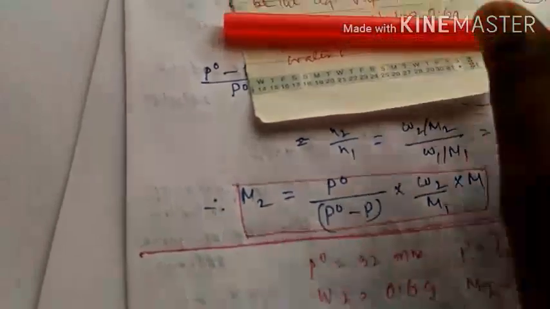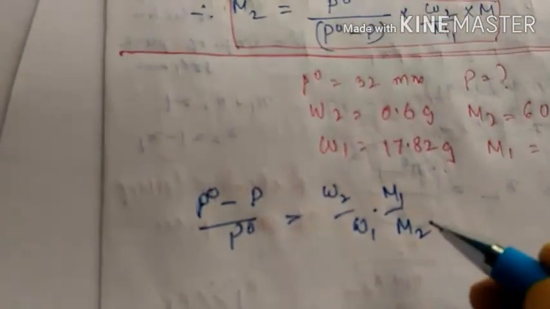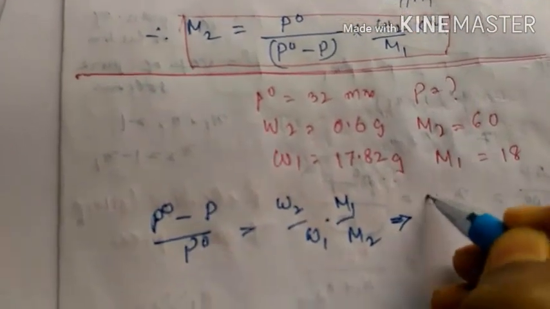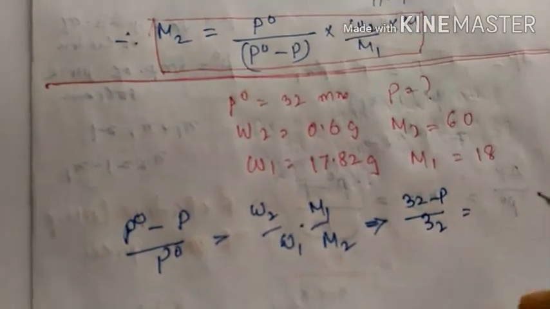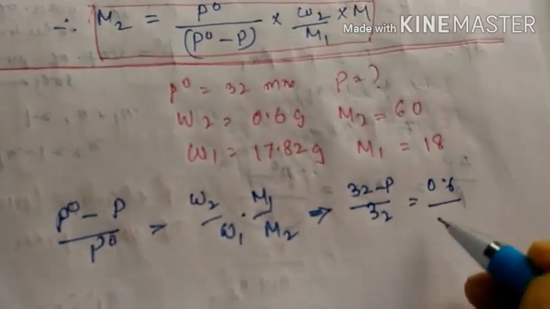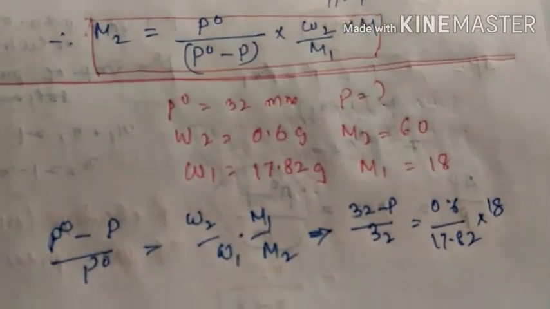Putting in the values, we get 32 minus P by 32 equals 0.6 by 17.82 into 18 by 60.